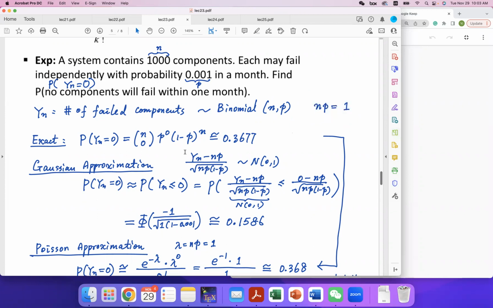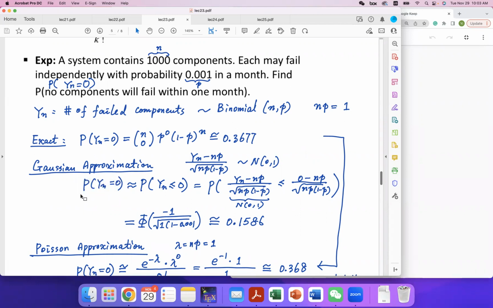So we can try to approximate this one using the Gaussian approximation. The Gaussian approximation says that we can consider this normalized Yn as a standard Gaussian random variable. And then let's look at the probability of Yn equal to 0.